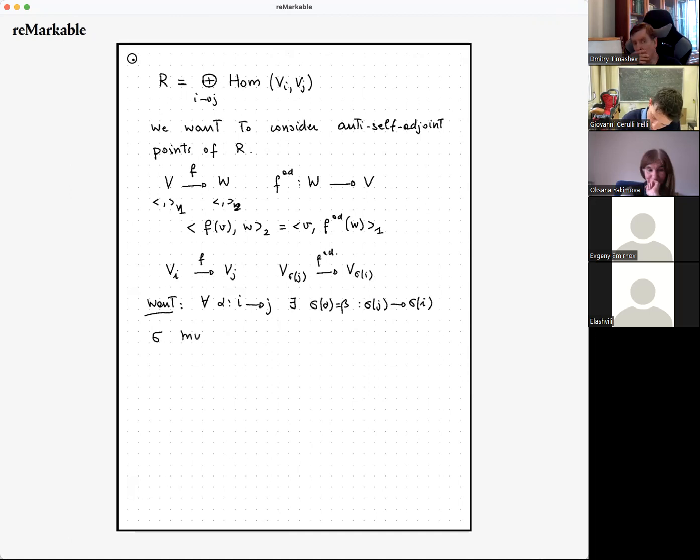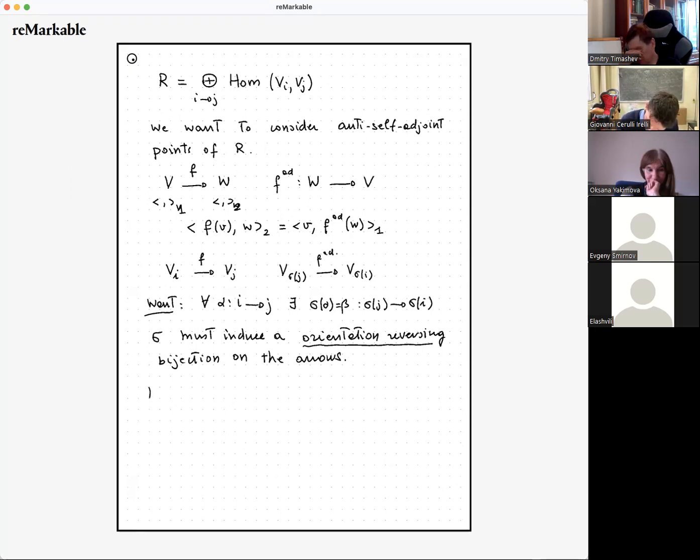So sigma must induce an orientation reversing bijection on the arrows. Okay. Good. So fix this. Suppose that there is such a thing.